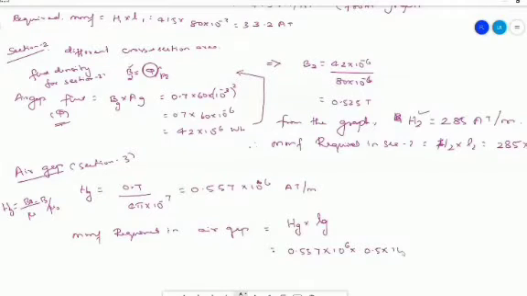So it is 0.5 into 10 to the power minus 3. Ultimately, you must be getting around 278.5 ampere turns. So now this MMF is known and this MMF is known, and here also we know the MMF. Okay, so these three are known to us. Therefore the total MMF required can be computed.